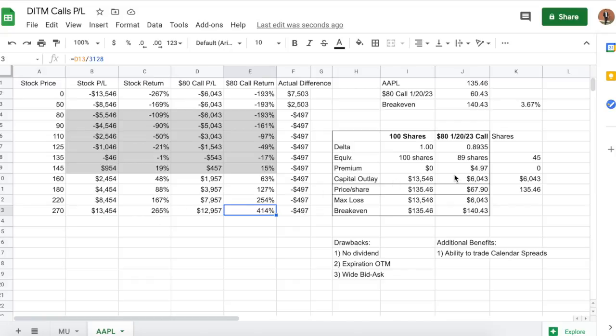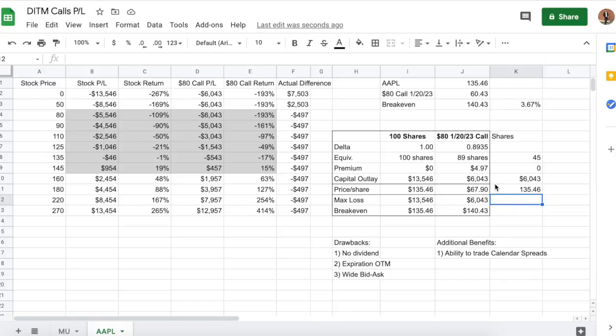That is because your capital outlay is so much smaller and you're paying a lower price per share for the same amount of exposure. Okay, so that is the entire point of buying LEAPS right there. It is for that additional exposure for basically the reduced capital outlay. Okay, so they offer an incredible way to leverage your portfolio.